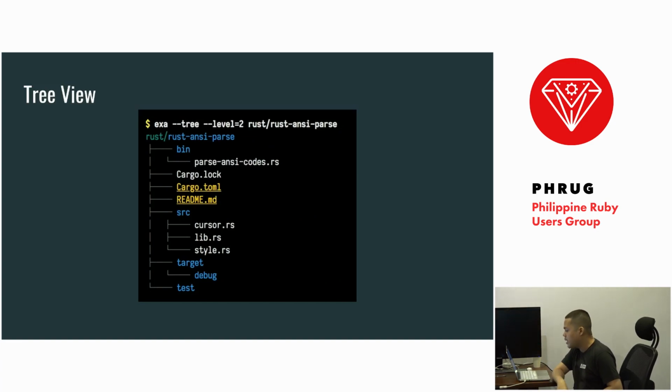So it's the recursion depth. And as in the long grid view in the previous slide, you can also do a long tree view where it's displayed in a tree layout, but you also see the other information.